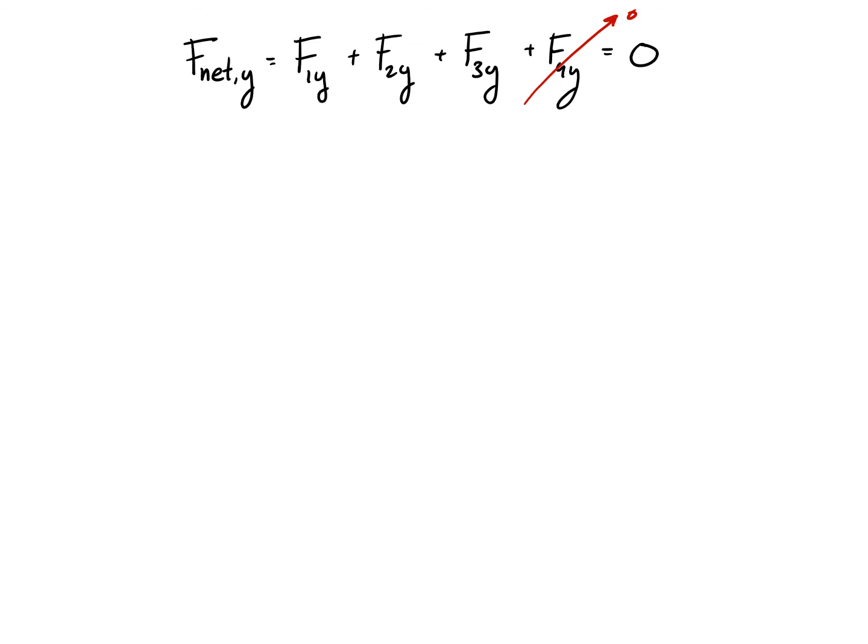Here I'm going to rearrange my equation and isolate force 3y. So force 3y, which is the same as force 3 because it's all in the y direction, is going to be equal to minus force 1 in the y direction minus force 2 in the y direction.